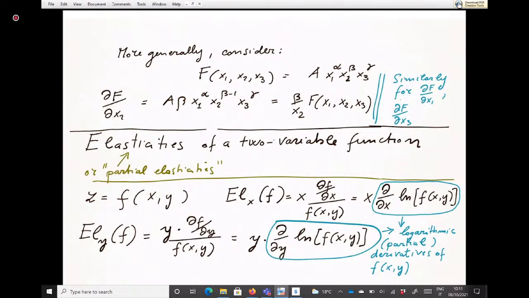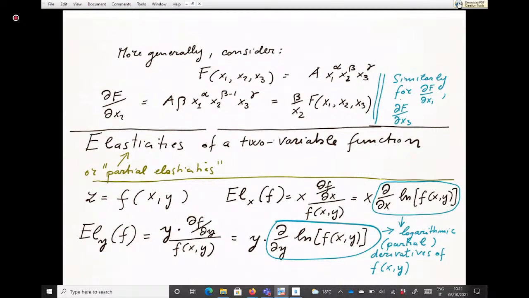So if the price is in euro and the quantity consumed is in kilograms, okay, you get -2%. But if the price is in dollars and the quantity consumed is in tons, you get again -2%. Okay? Is that clear?